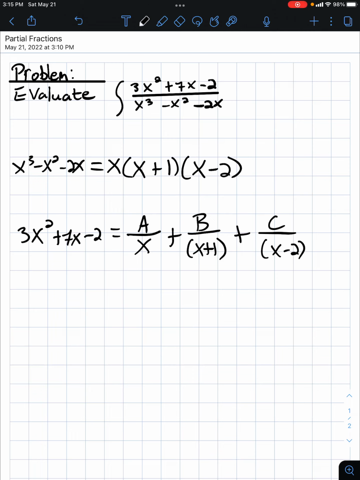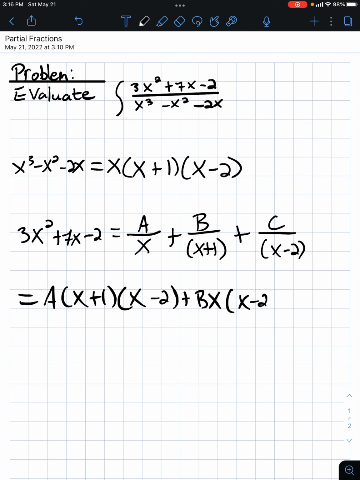So if we multiply both sides of the equation by our denominator, to cancel out the denominator on the right hand side, we are left with A times (x + 1)(x − 2) plus B times x(x − 2) plus C times x(x + 1).